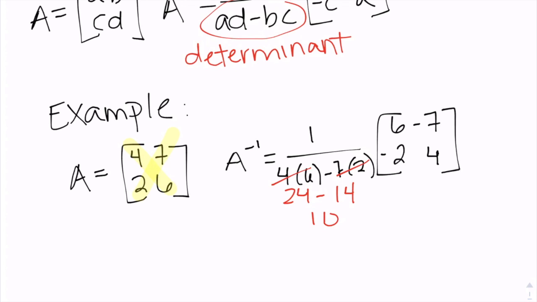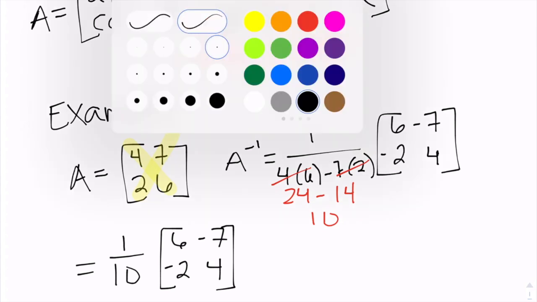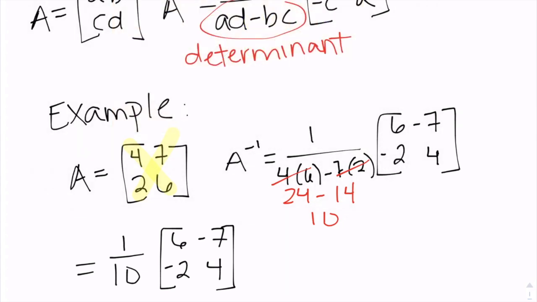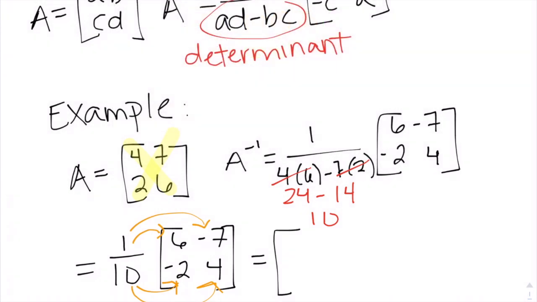So I'm going to rewrite this down here where we have 1/10 times our matrix, and this is scalar multiplication, so we're going to multiply the 1/10 by each piece of the matrix. And when we do that, we get 6/10, negative 7/10, negative 2/10, and 4/10.